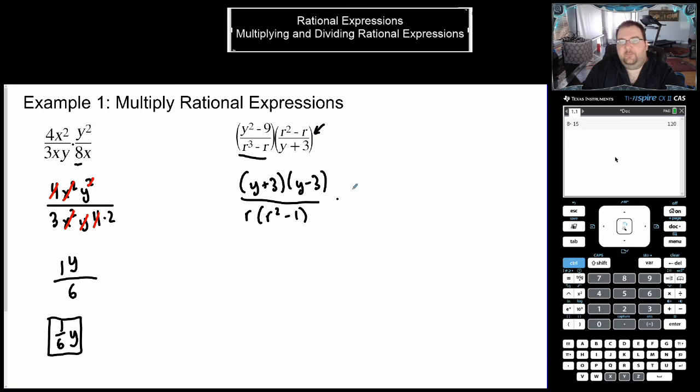Let's do that one now. R squared minus r, it's going to be the same step, right? Remove an r and you're going to be left with r minus 1. And we can't really do anything to this denominator here. So we're not quite done. I can factor this one step more.